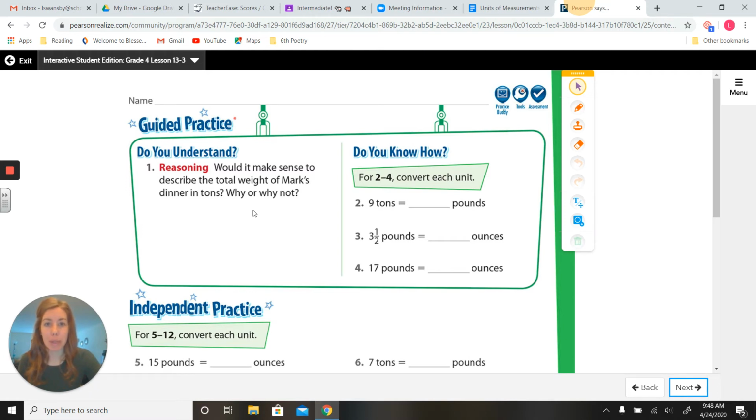What are you going to multiply? 9 times 2,000 to get your pounds. Okay, you don't have to stack your numbers, ignore your zeros. Then what's 9 times 2? 18, and add your 3 zeros. So 9 tons equals 18,000 pounds.